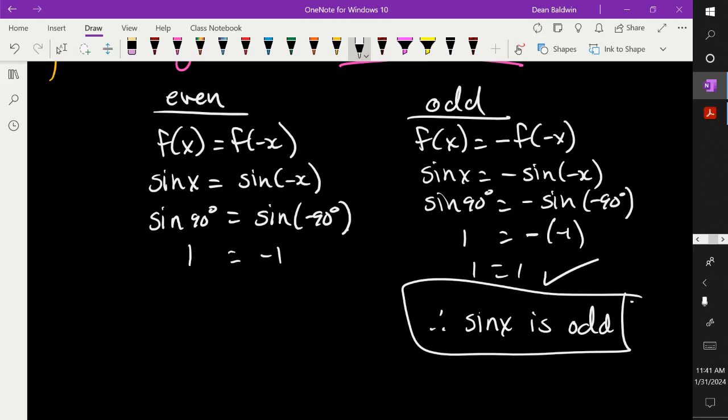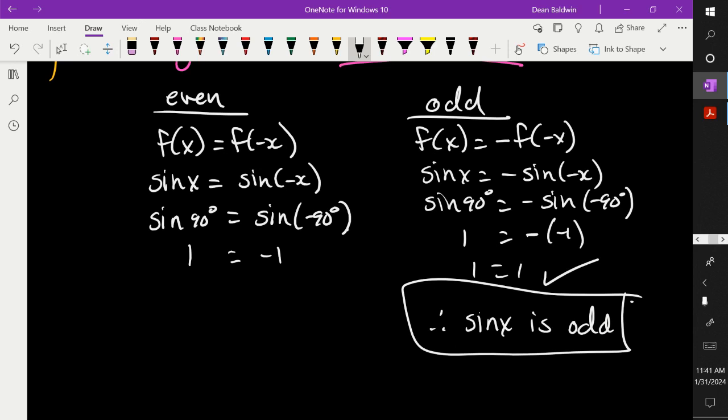Now, you could have saved yourself all the time instead of doing this if you remember the graphs. This is the sine graph, right? I always draw it like this, but it actually goes on in the other direction, right? Symmetry with the origin. Okay? So is cosine even or odd?